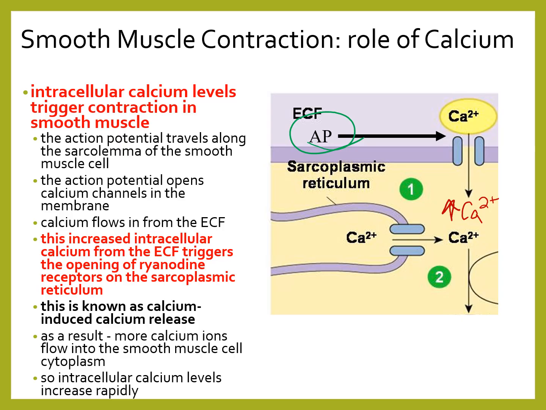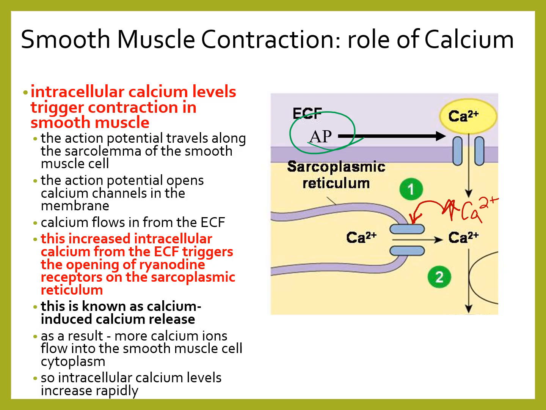This increased intracellular calcium is actually going to open calcium release channels that are found in the sarcoplasmic reticulum. These are the same ryanodine foot calcium receptors that you will find in the sarcoplasmic reticulum of skeletal muscle.